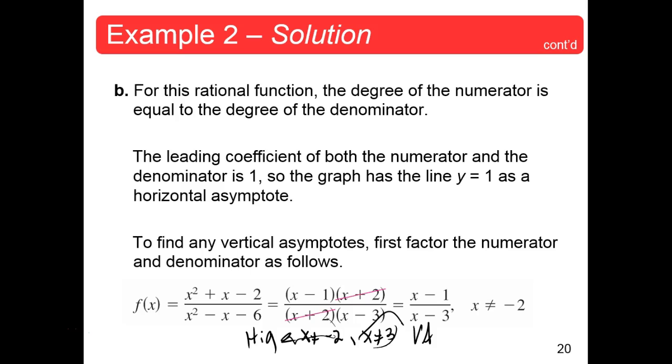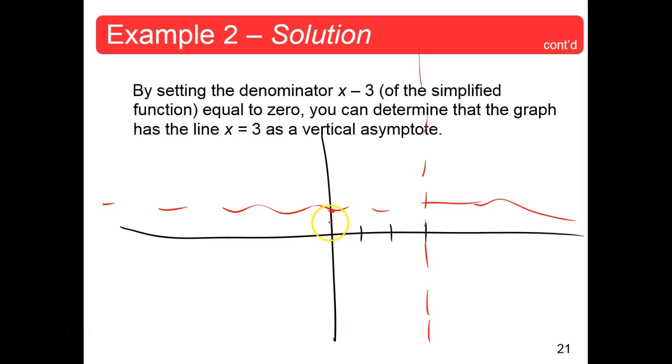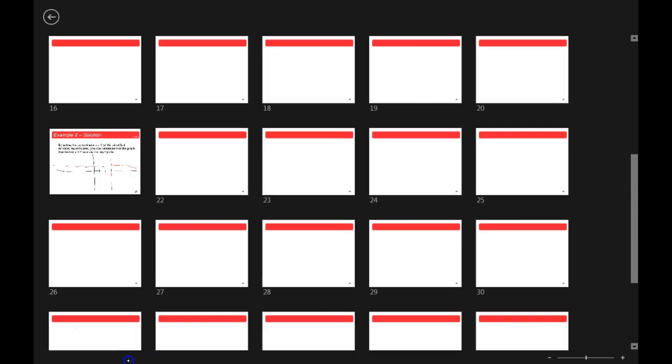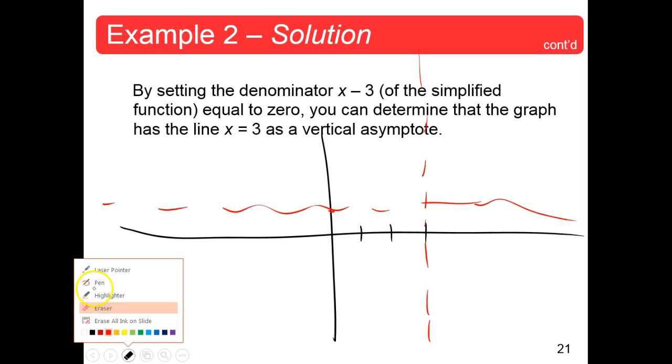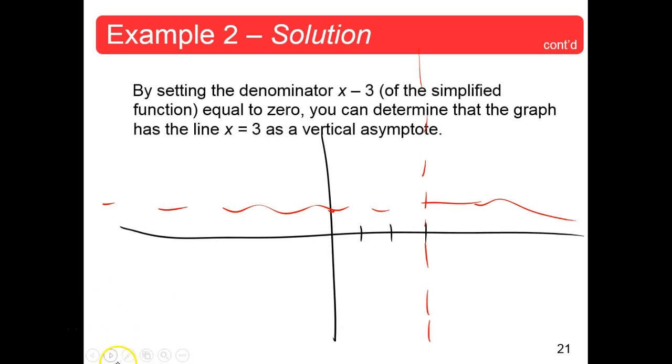So y-intercept is positive 1/3. There is positive 1/3 right there. Okay? Whoops, that's not what I want. No, wrong. I keep hitting the wrong icon. Y is equal to 1/3 is right there.